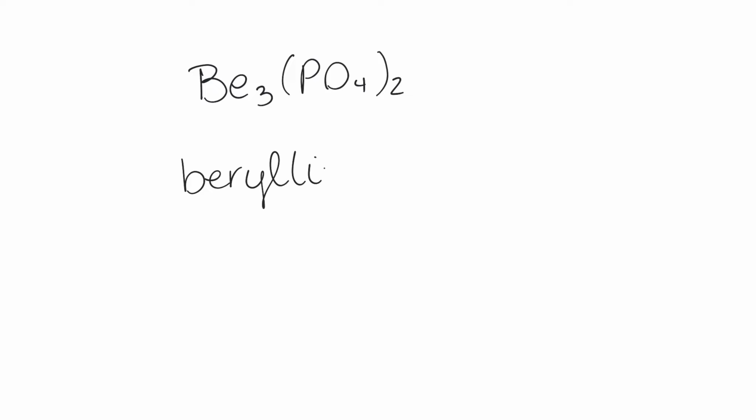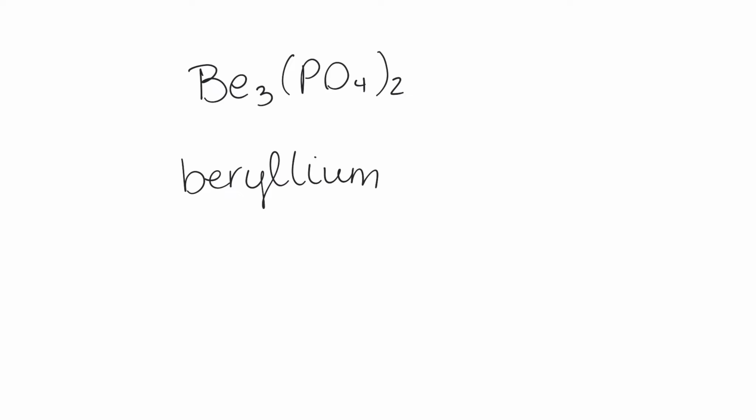Okay, let's do one more. All right, let's say Be3(PO4)2. So what is Be? Be is beryllium. Is beryllium a transition metal? No. Do I need a Roman numeral?